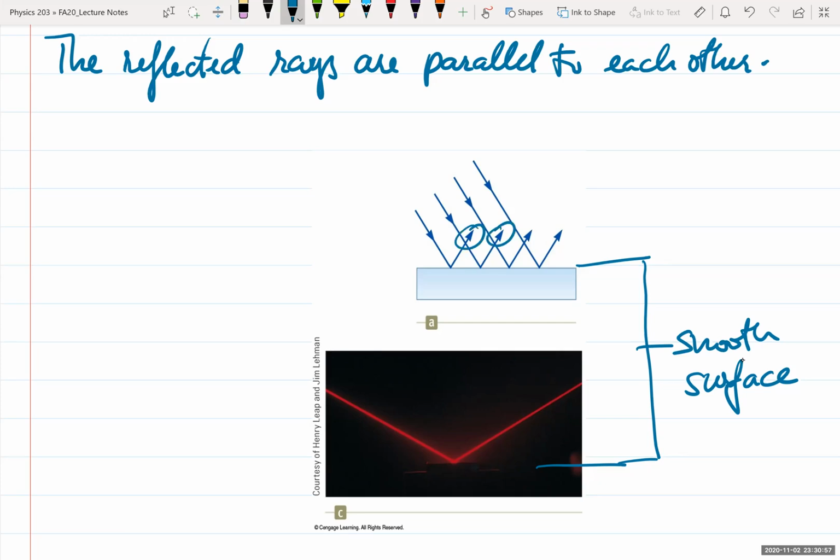Here are your reflected rays, and they're all parallel to each other. In your book, all the reflections that we're going to discuss are going to be specular reflections. So that's what we're going to discuss in this book.